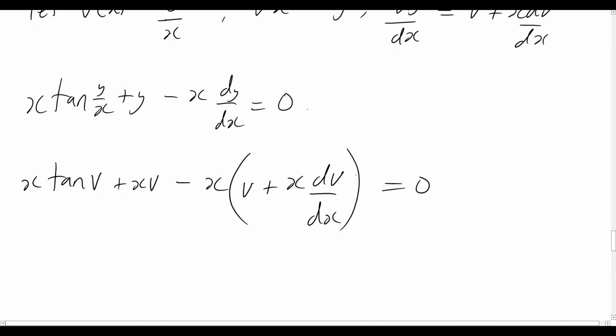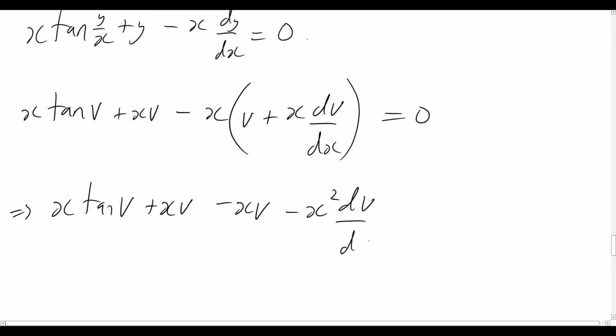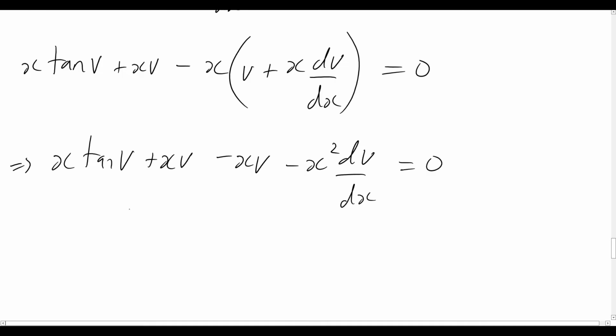Let's expand that and see what we have. We still have x tan v plus xv, and now we subtract: minus xv minus x squared dv/dx equals 0.